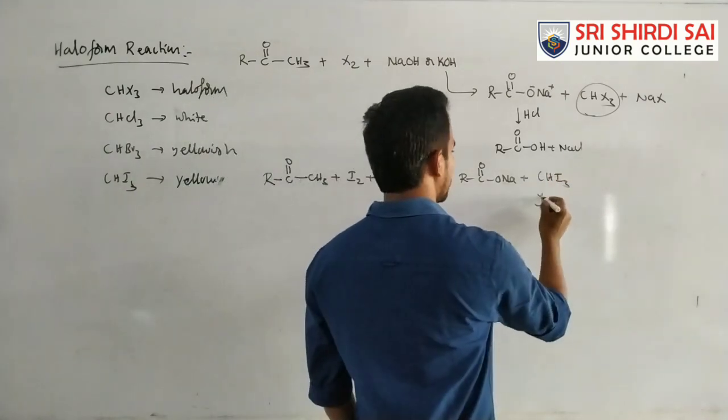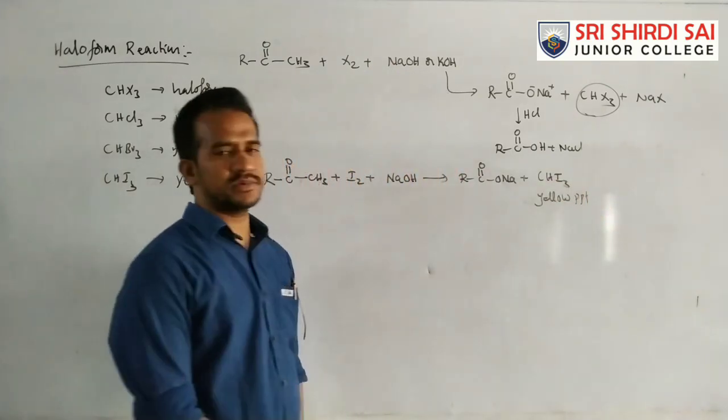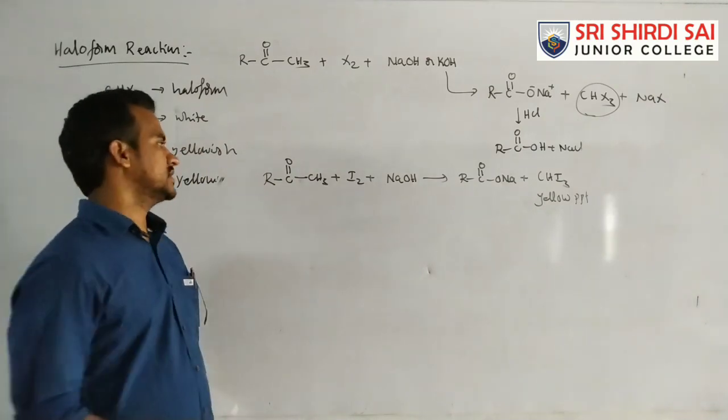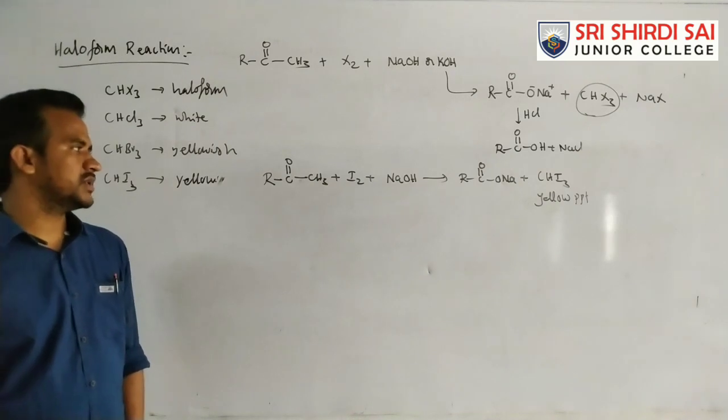It is a yellow colored precipitate. The appearance of the yellow colored precipitate indicates that the given ketone is a methyl ketone.